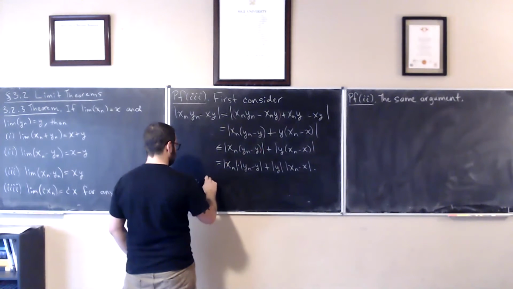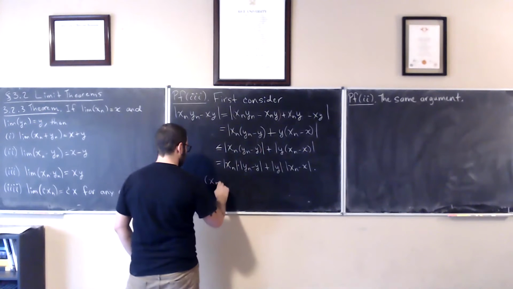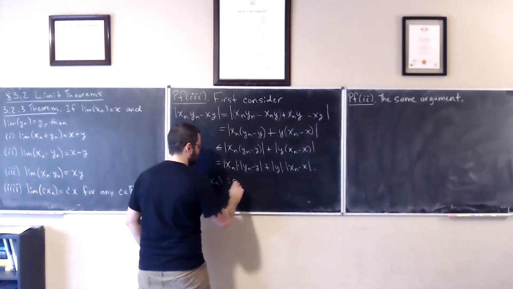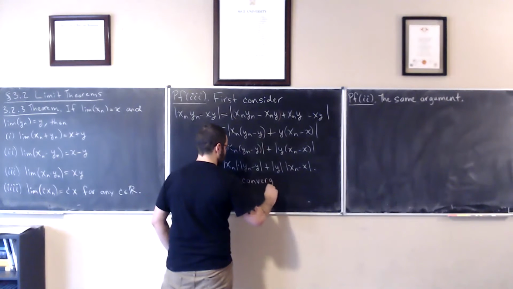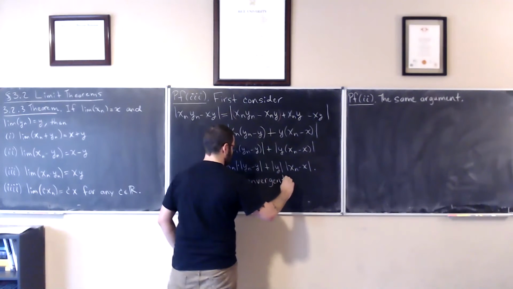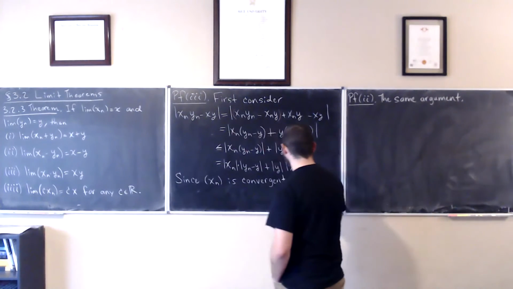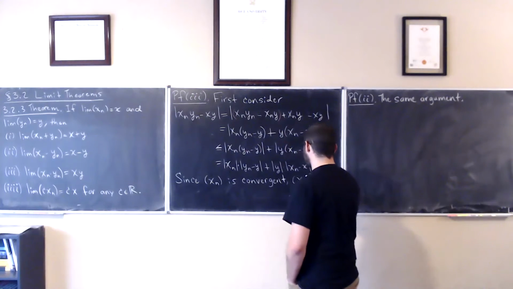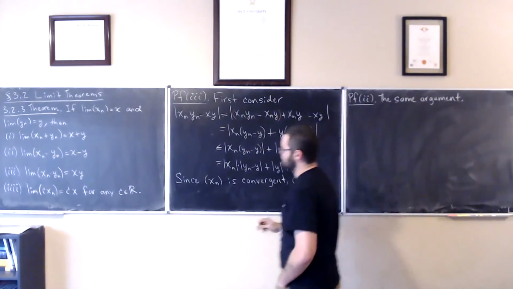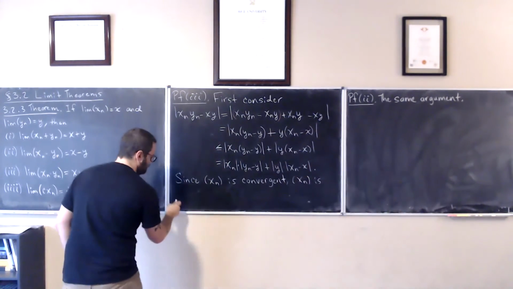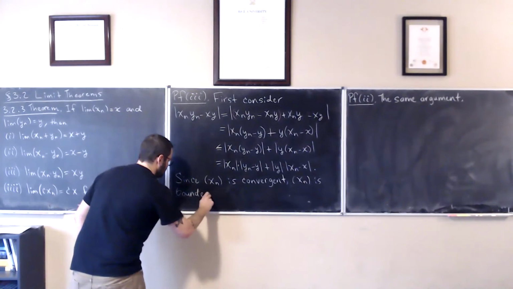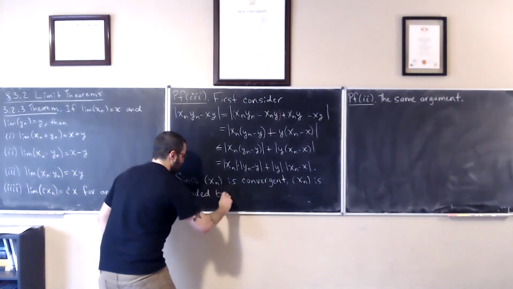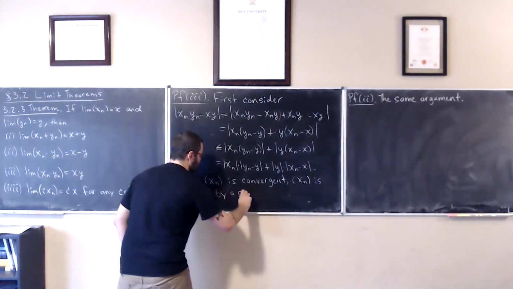Since xn is convergent, xn is bounded by a previous theorem.